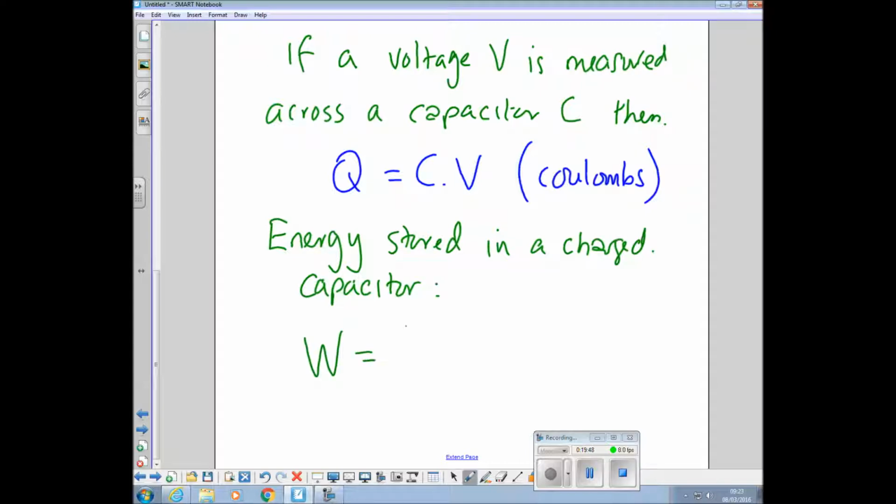W is equal to half times C times V squared, joules.